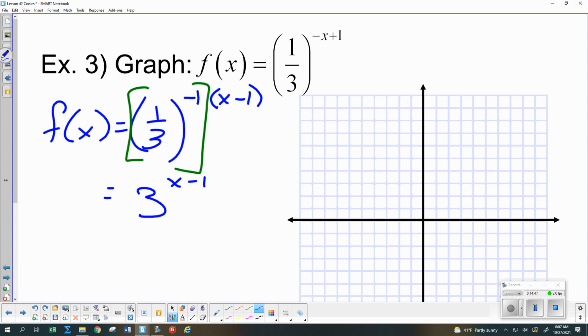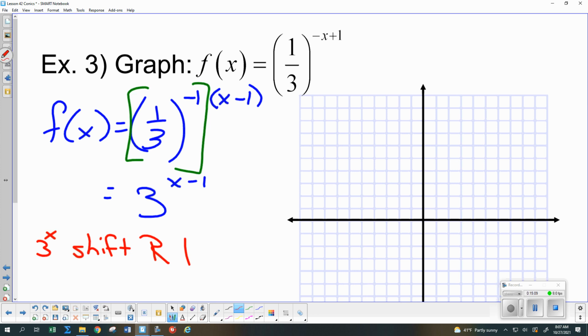Which way does that shift? Everybody point. If I take my x and it's now an x minus 1, which way does that shift things? Left, right, up, or down? So everybody's pointing good, shifting to the right. So this means we take 3 to the x, and we shift it to the right 1. So we're going to do what we did before.